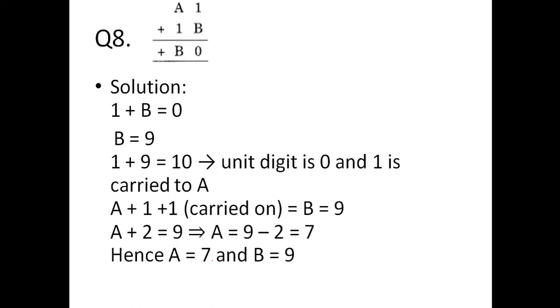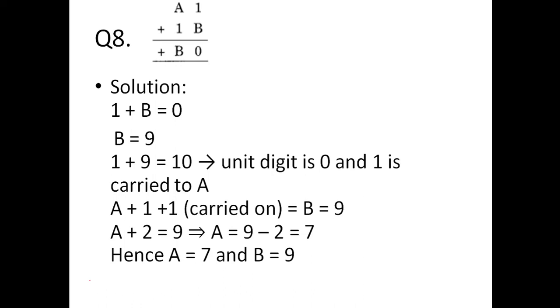Next problem, A1 plus 1B equal to B0. So 1 plus B equal to 0 in the units place. What if we add 9? 9 plus 1 is equal to 10, so in the units place we have 0. That's why we come to the conclusion B equal to 9.